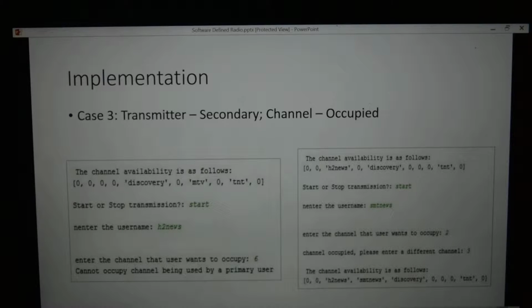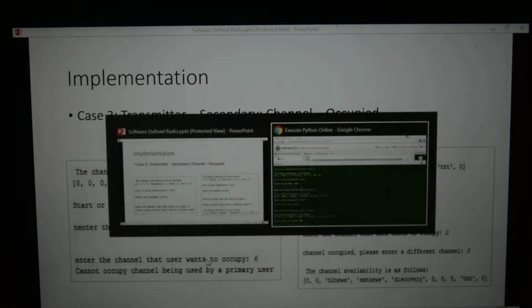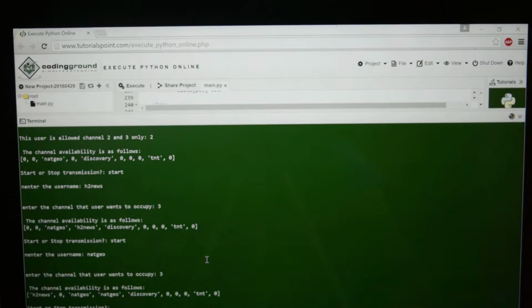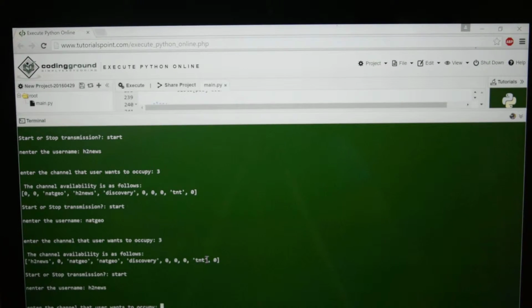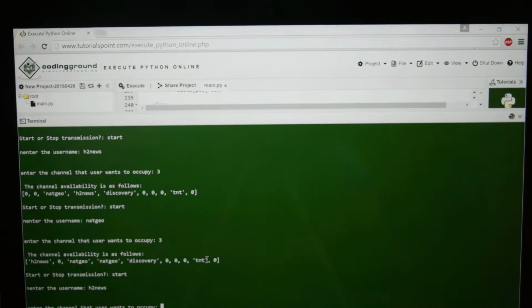Let's say H2 News again wants to transmit now in channel 2. He wants to start transmission and the username is H2 News. He wants to occupy channel 2, which is already being used by Nat Geo, and Nat Geo is the owner of that channel.